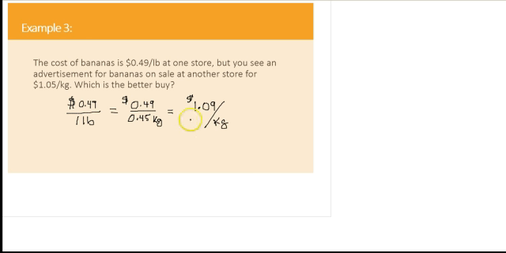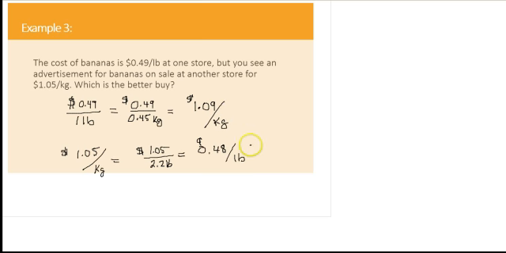Let's do the other way, where we have $1.05 per kilogram, and we know that a kilogram is 2.2 pounds. And so we can divide that out, 1.05 divided by 2.2, and this comes up to 0.48 dollars for 1 pound.